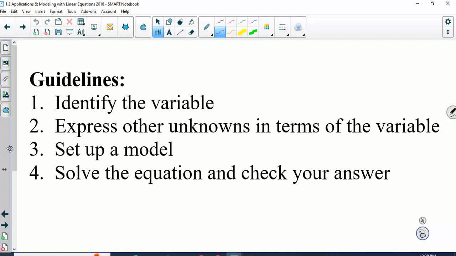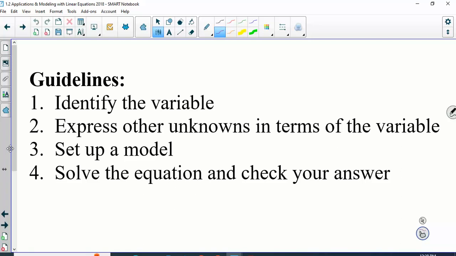Second, we need to put anything else in terms of the same variable. At this point, I know in Algebra 2 you got to the point where you were solving systems of equations, but we're not doing that right now, so we want to see, can we solve this using only one variable at a time, so we don't have to set up an entire system. So only one variable. If you have multiple things you don't know, we need to put it all in terms of the same variable.